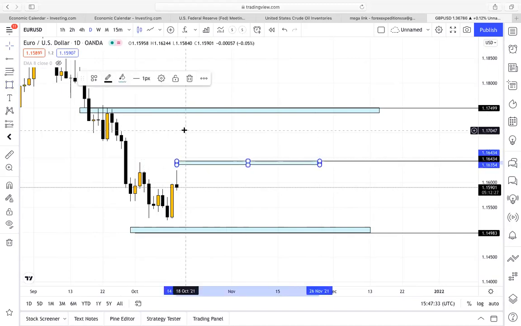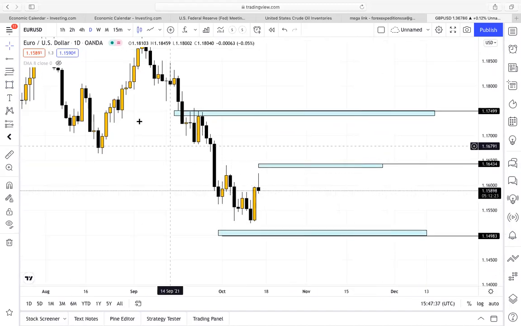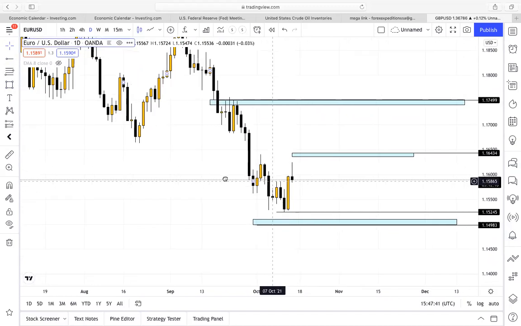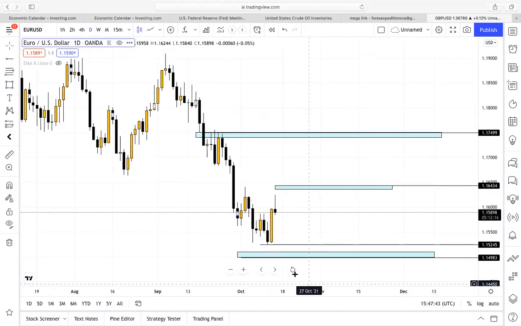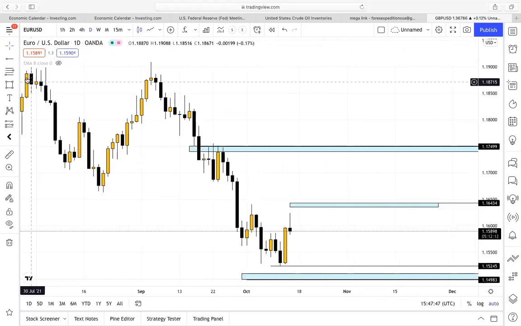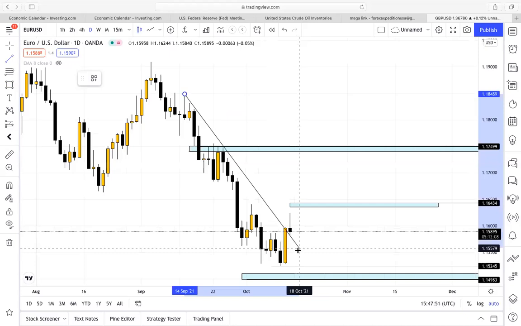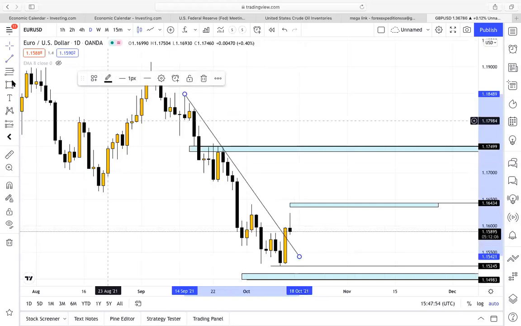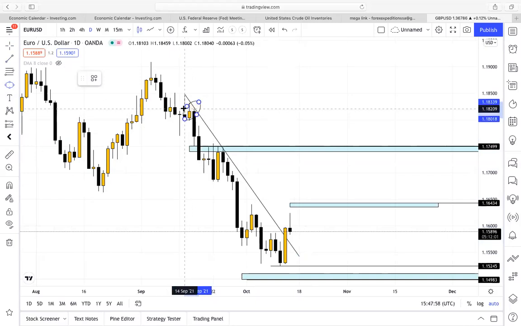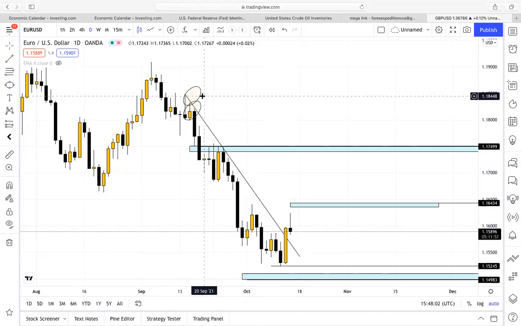I think it looks much neater when I do that. Okay, and as well, the market stopped by here. What type of trend is the market moving in? Downtrend. If I pull a trend line from the top, moving to the bottom, we see price stopped. Price stopped here as well.